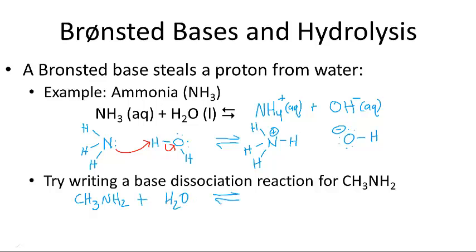What would it make? CH3NH3+ and OH-. So anytime you have a Bronsted base and you want to write its equilibrium, that occurs when you put it in water, that's how you do it. Base plus water makes this thing over here that we're going to call the conjugate acid, plus OH-.